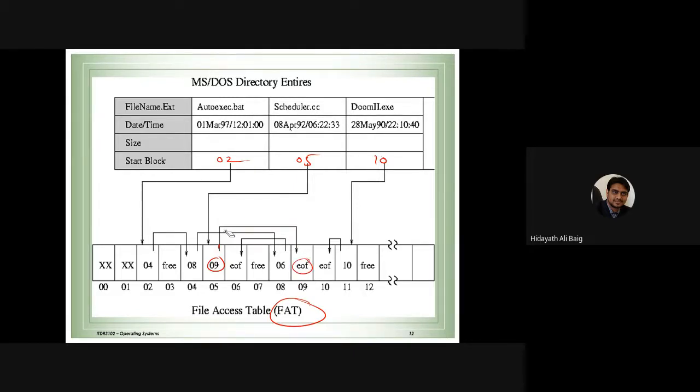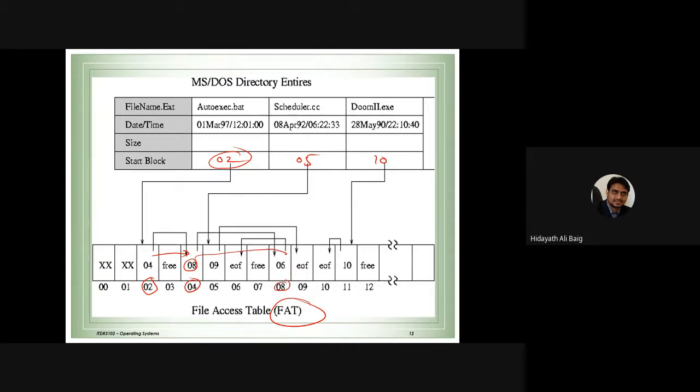Okay, let's take a bigger example. I want to read the data about this file. So I need to come to block number 2. My next block is block number 4, so I go to block number 4 for reading the data. Block number 4 says your next block is block number 8, like linked allocation. So I come to block number 8.